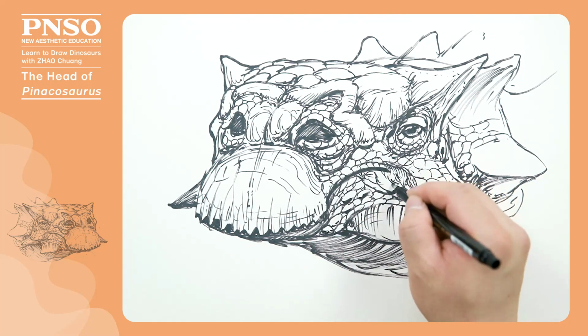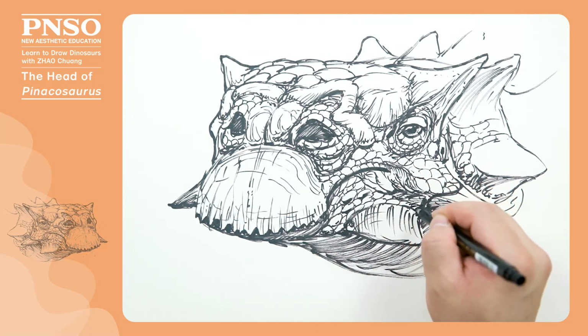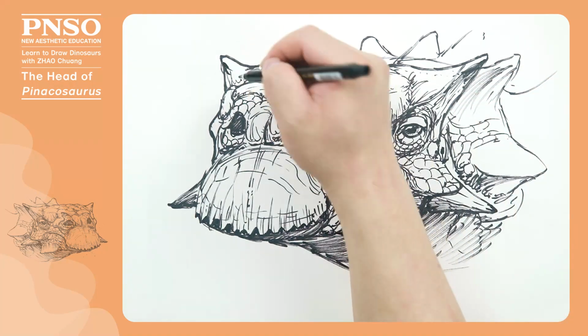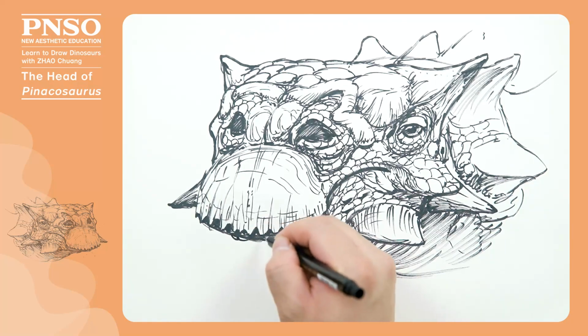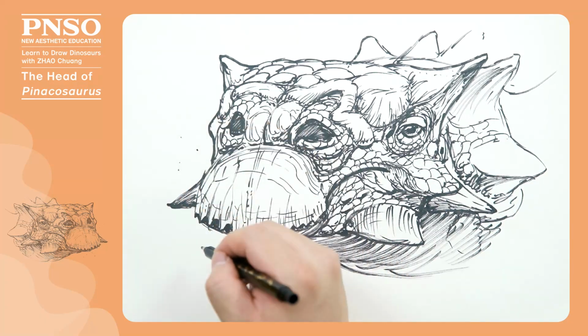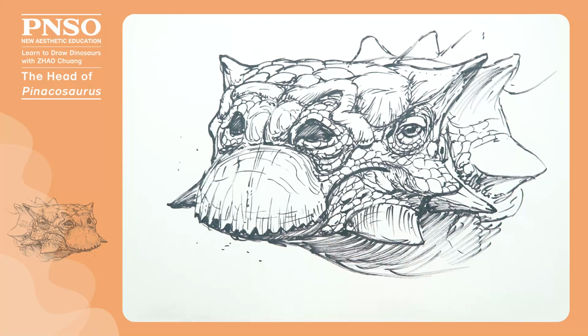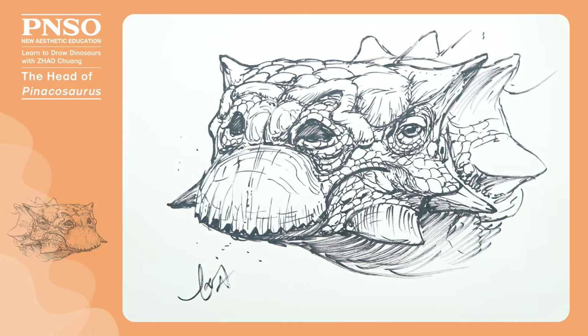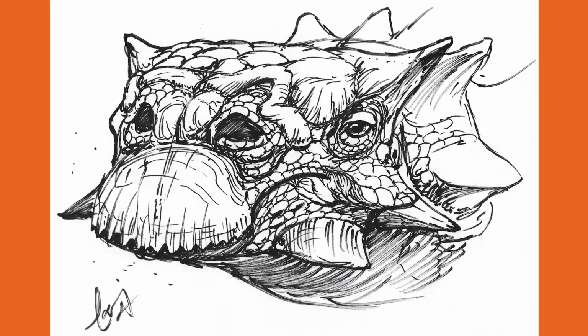We also add some shadows below the jugal horn. Around the mouth, draw some dots, representing the feeling that flies might be attracted to. In this way, we've finished drawing the head of Pinacosaurus.